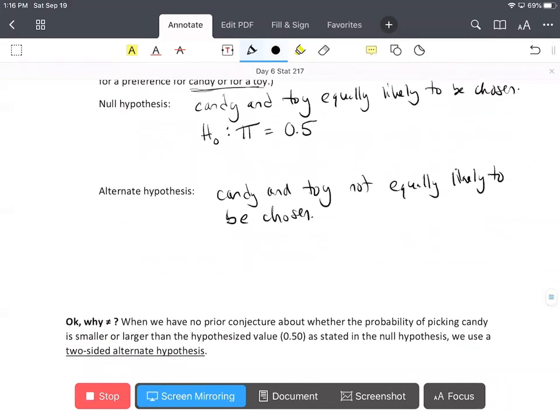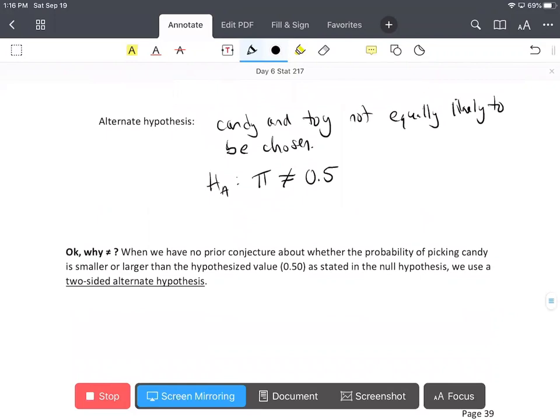On the other hand, for the alternate hypothesis, we once again have to use the same number. That's something to keep in mind here. But now we need to think about the symbol. Candy and toy are not equally likely to be chosen. Once again, the research question did not specifically state any preference of one over the other, so we're just seeing if it's different.